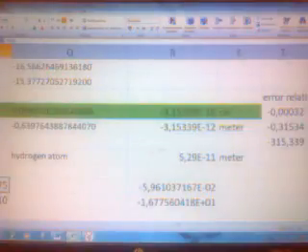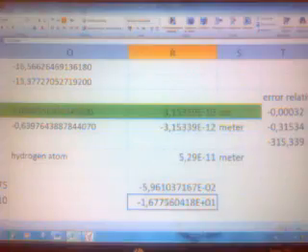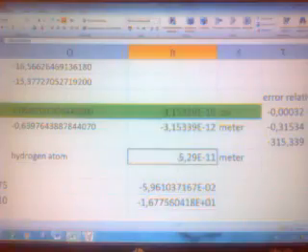And what that delivers is that we now have about 16 times smaller than a hydrogen atom, which is this.